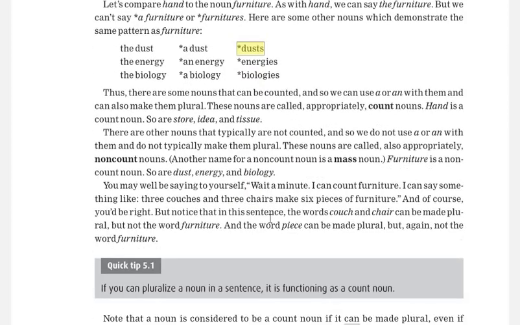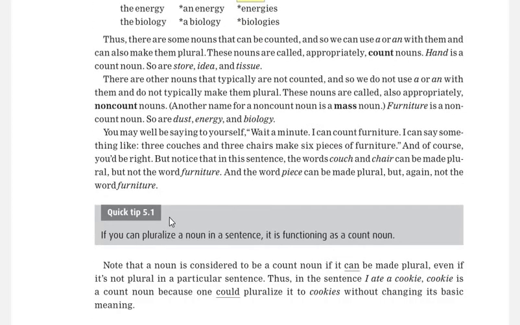This is a quick tip here. According to each and every topic, some tips are given, and these tips are also given at the end of the book. You can find all the tips regarding all the chapters and topics at the same place at the end of the book. If you can pluralize a noun in a sentence, it is functioning as a count noun.